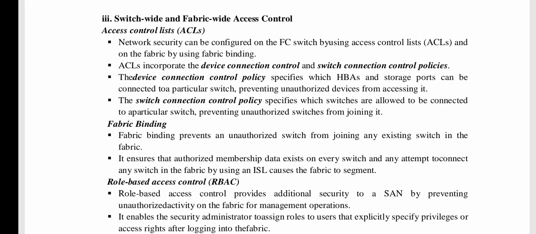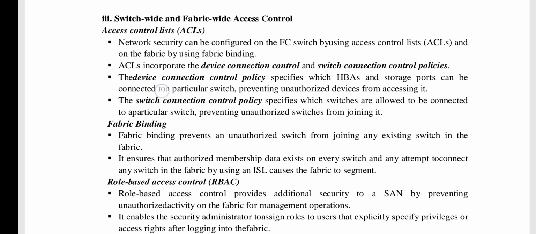ACLs incorporate device connection control and switch connection control policies. The device connection control policy specifies which host bus adapters (HBAs) and which storage ports can be connected to a particular switch, and thereby it prevents unauthorized devices from accessing it.